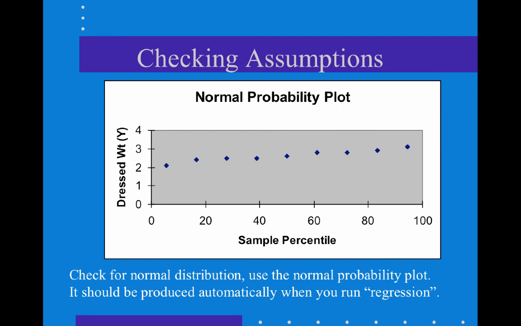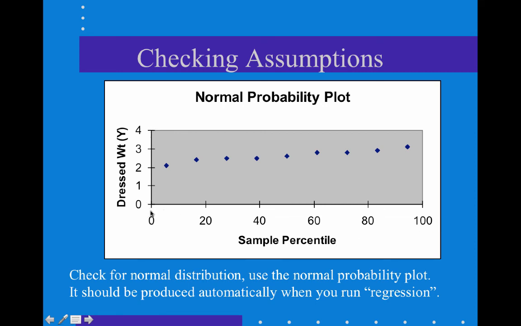And when we look for normal distribution, what we would do is use a normal probability plot, and that's what this actually looks like. This is produced when you run a regression analysis, but what it does is split all of your response variables into percentiles, from 0% clear up to 100%.